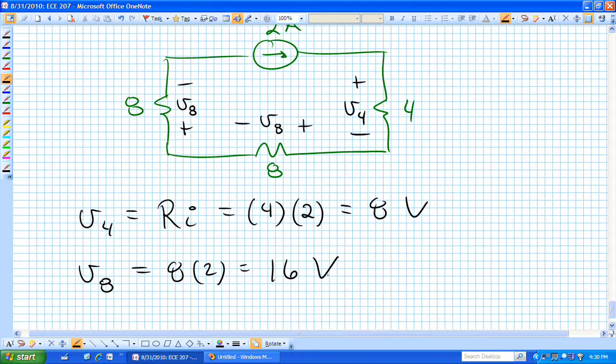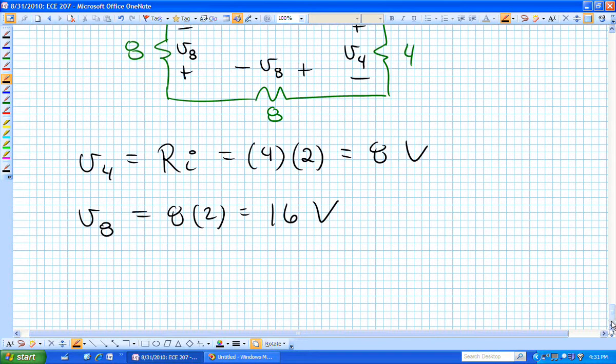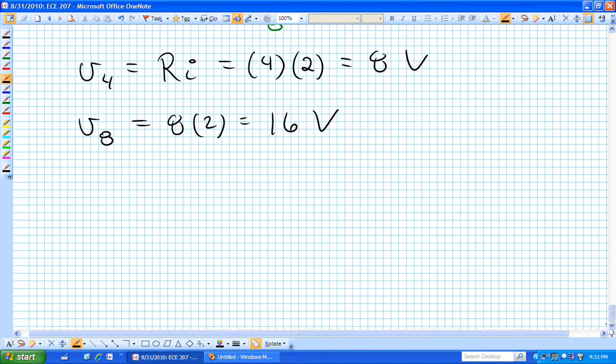And it's 16 in both places. What did we calculate for the total drop across the source, the current source? 40. And that should be the same as what we've just dropped across all the resistors. 8, 16, and 16. 40. So we're looking consistent. Let's now find I sub 2.